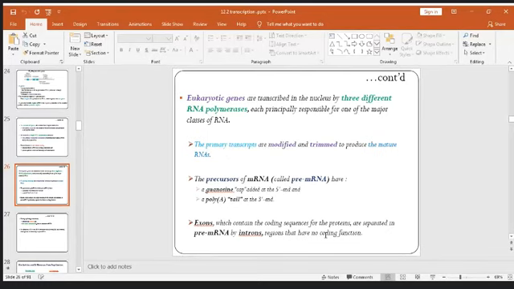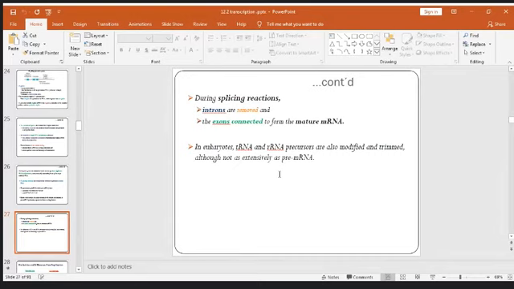Then this is the third of the three post transcriptional modifications, called splicing. So during splicing reactions, introns are removed, what I told you, and exons connected to form the mature messenger RNA. In eukaryotes, transfer RNA and ribosomal RNA precursors are also modified and trimmed, although not as extensively as pre-messenger RNA.